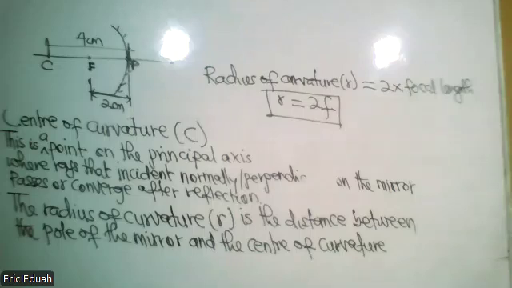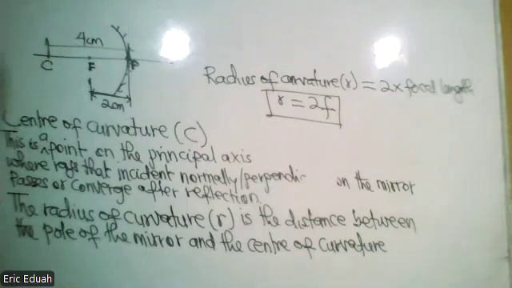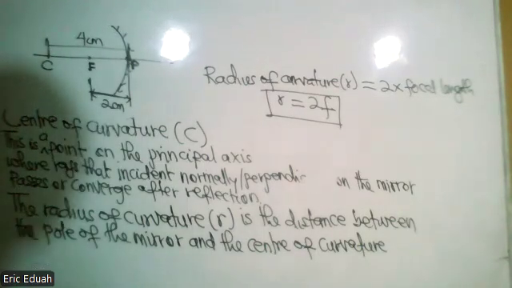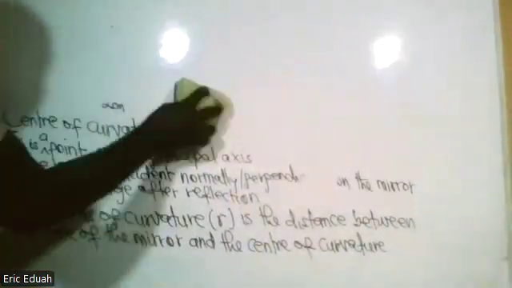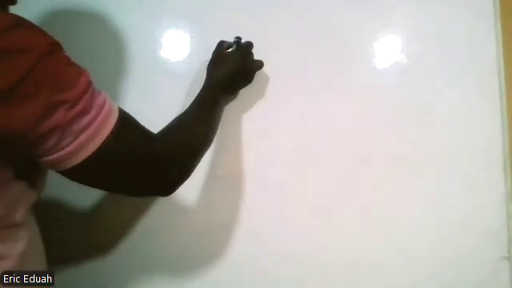All right, let's look at that of convex: the center of curvature and radius of curvature for a convex mirror. A convex mirror curves outwardly.